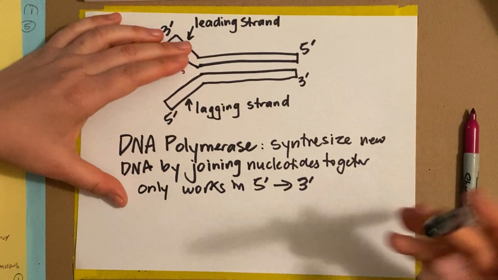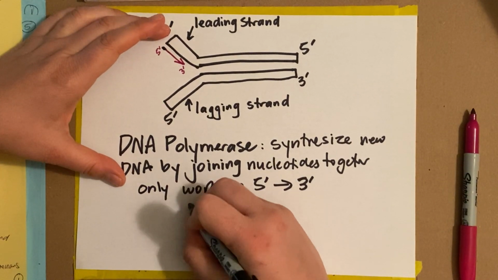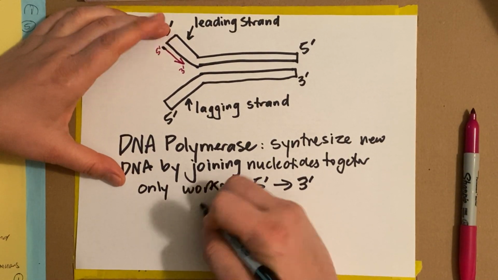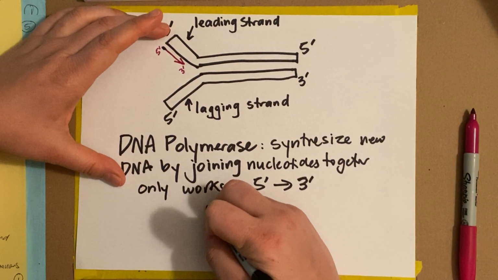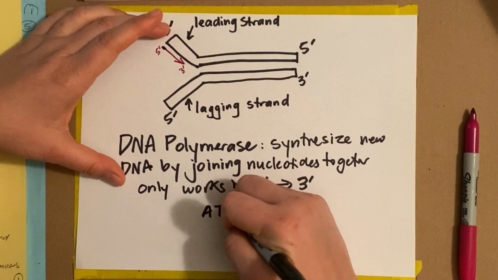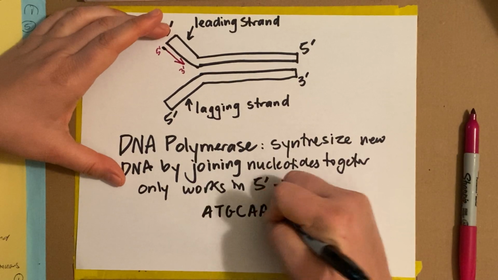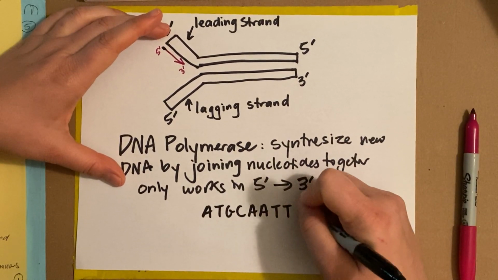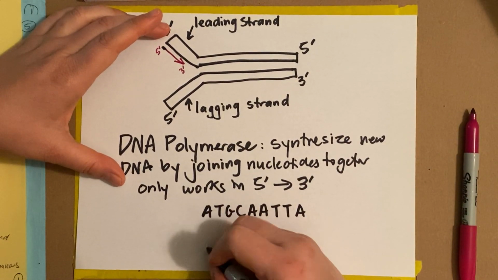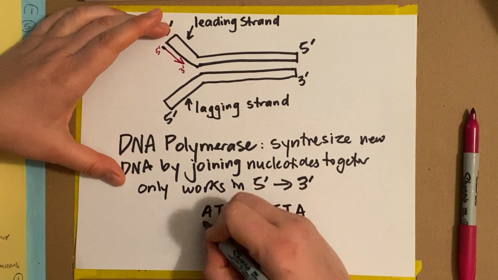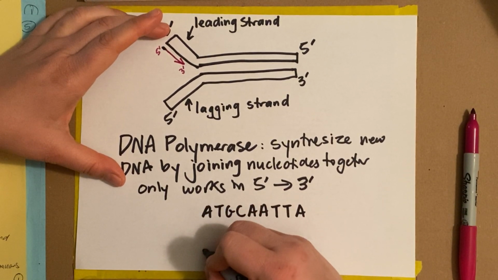Okay, and so just a little thing. So if I was to look at this more carefully up close, and I'm going to make up a random sequence. Okay, so let's just say we're separating our DNA.